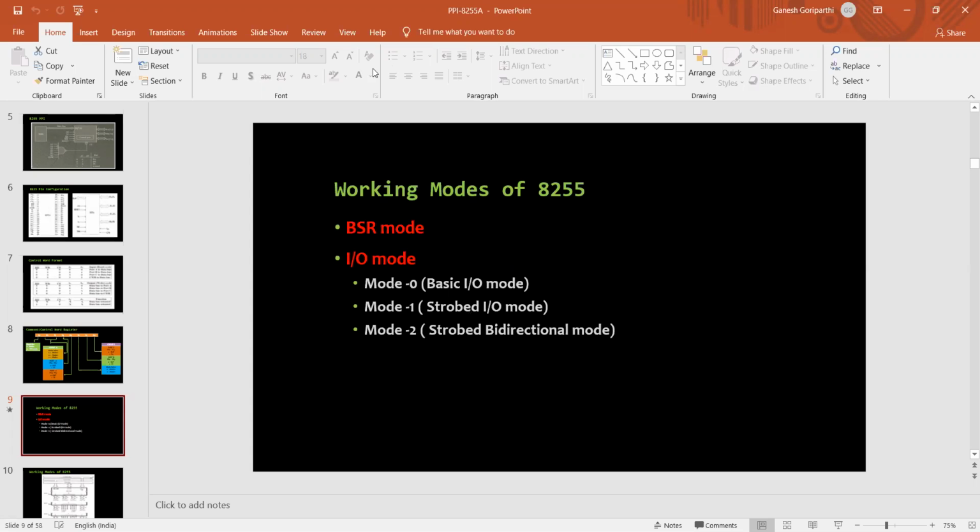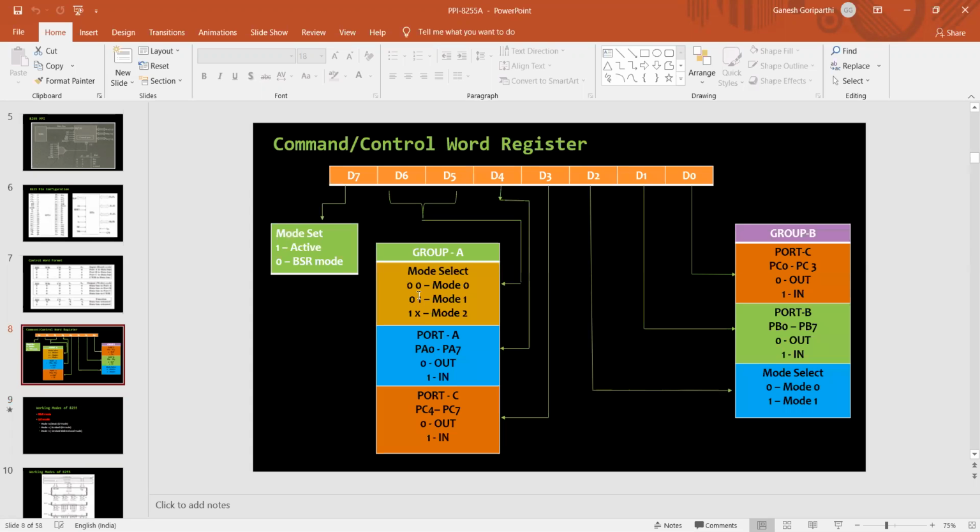If you see this command word or control word, you don't find mode 2 here. That means this group B is not allowed to operate in mode 2.